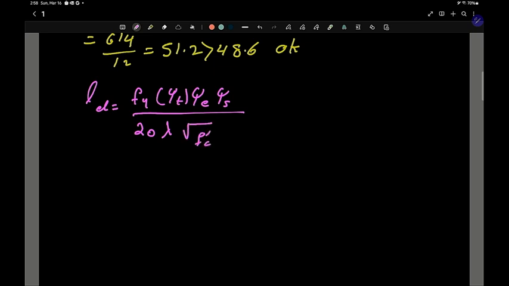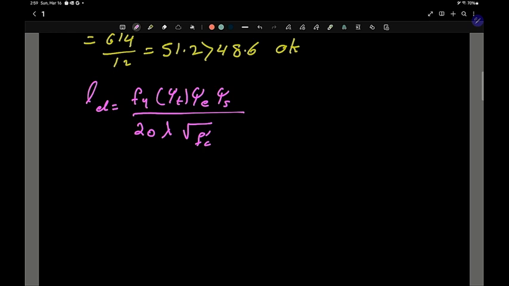All of these come out to become 1 because the spacing exceeds 2 times the diameter of the bar, which it does, and for different number bars, those are a little bit different.